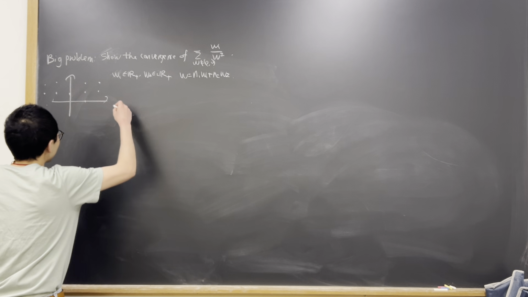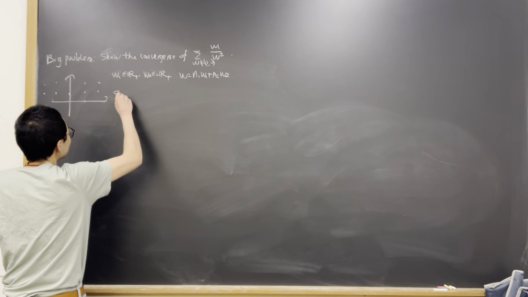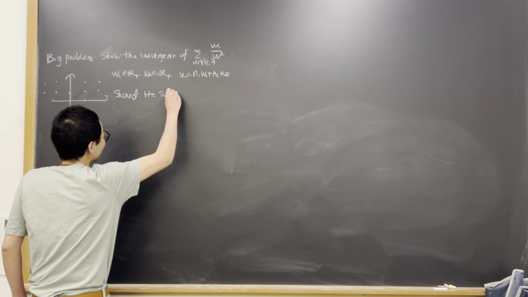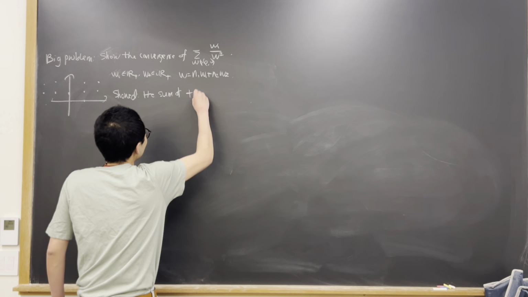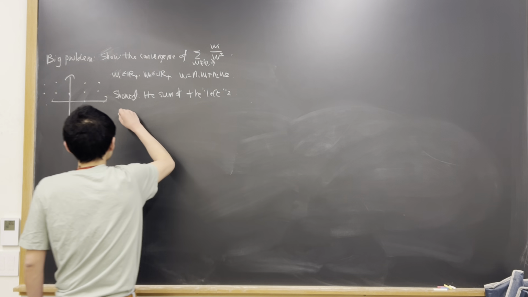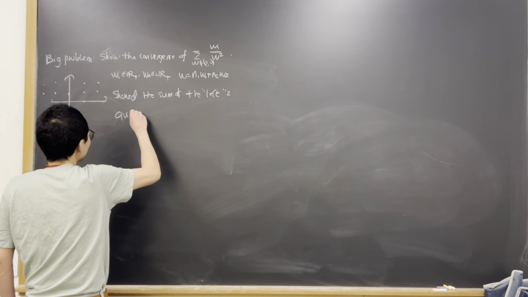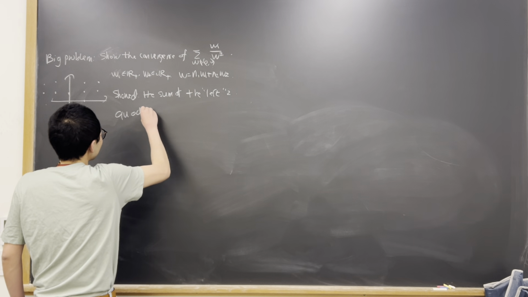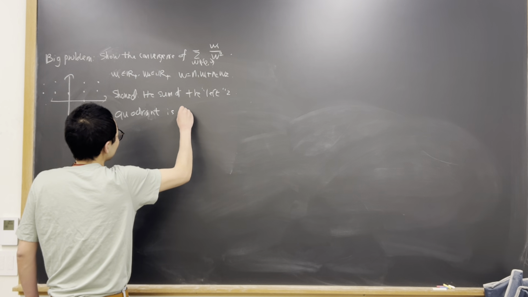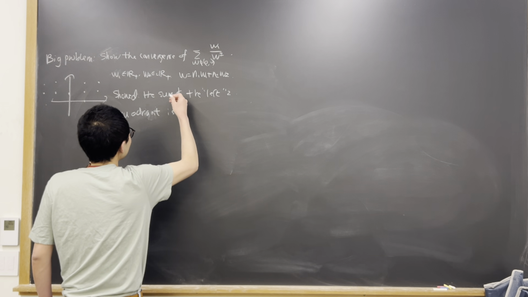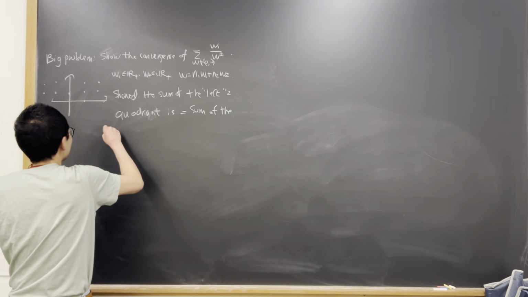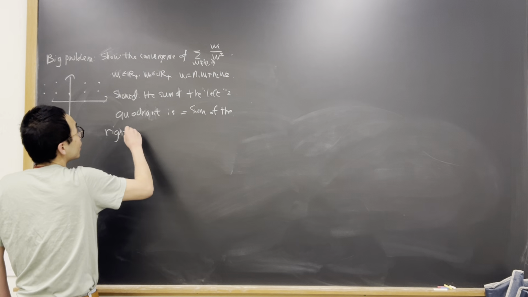So we show that the sum of the left 2 quadrants is equal to the sum of the right 2 quadrants.